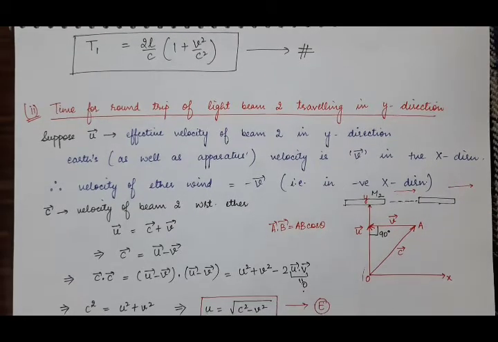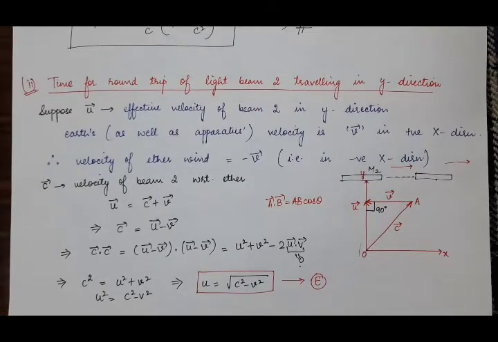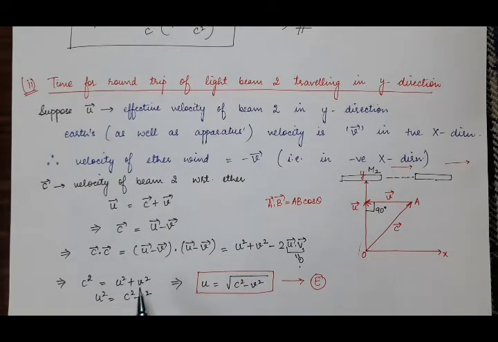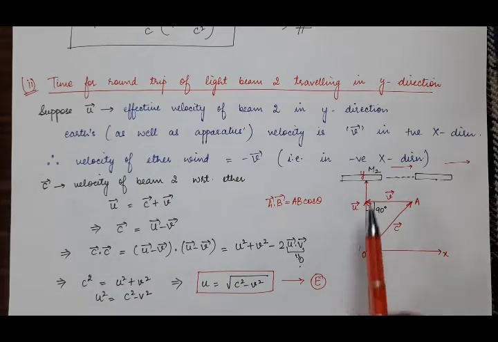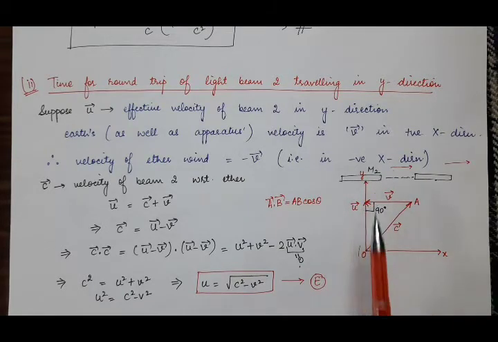So the value of c square is just u square plus v square, and we have to find the value of u, that is the effective velocity of beam 2 along the y-axis. It is square root of c square minus v square. So now what will be the time taken by beam 2 from O to M2? It will be L upon u, means L upon root c square minus v square.